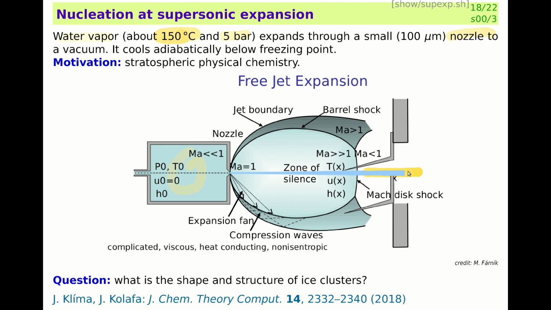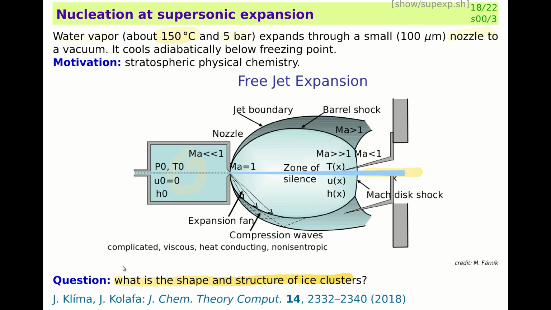These clusters are interesting from the chemical point of view. We can irradiate them by lasers, put pollutants on them, and study reactions occurring there. But there is a problem: there is a disagreement of the size and shape of these clusters with theory.